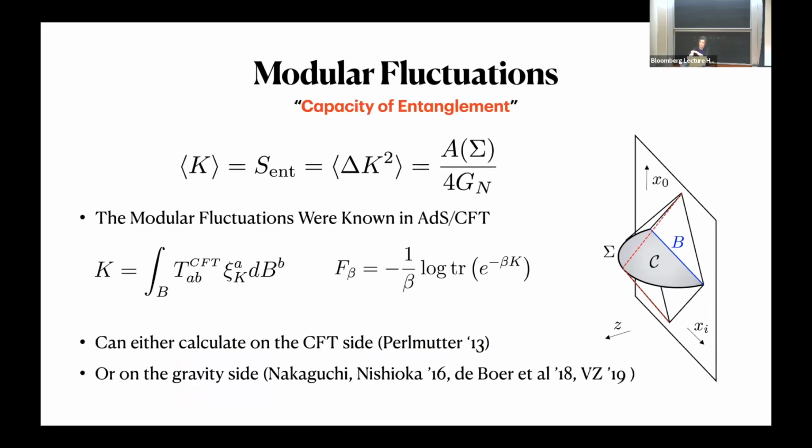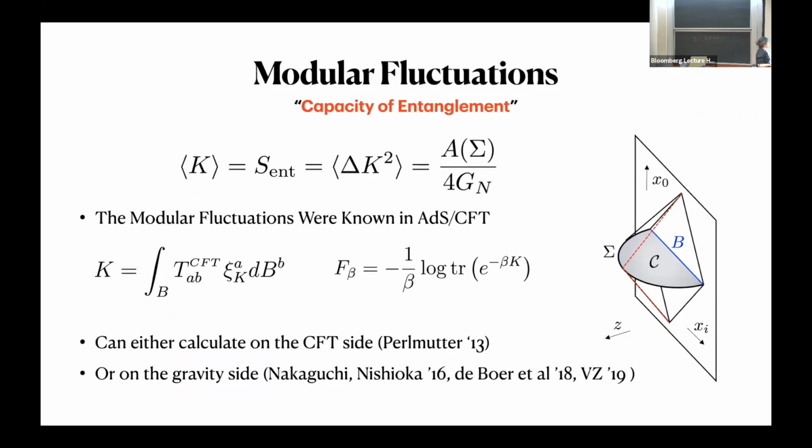So this is familiar from AdS/CFT. And the modular fluctuations in AdS/CFT have been calculated in multiple places, and it's known as the capacity of entanglement. This quantity right here, the fluctuations in the entanglement entropy, is known as the capacity of entanglement.